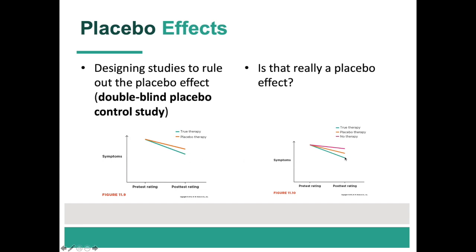Often people will do a 3-group design. They'll have the real therapy, the placebo, and then no therapy, and see what happens. This is a common pattern where true therapy may be the most effective, while the placebo is somewhere in the middle of the true therapy and no therapy.